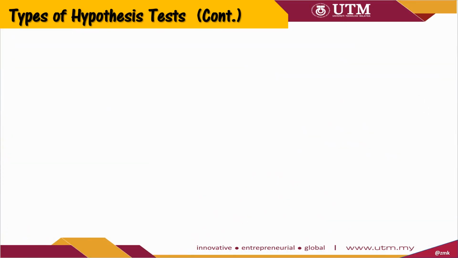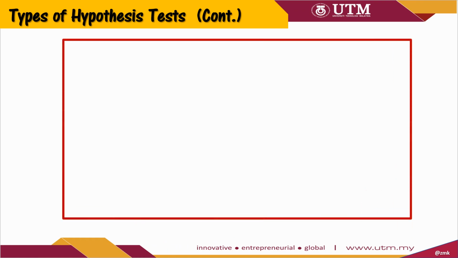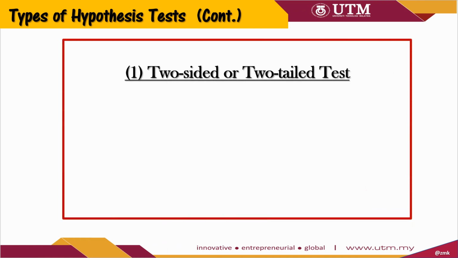Let's look at a two-sided alternative hypothesis test closely. Suppose a parameter denoted as theta is claimed to have a value theta naught. We want to test if there is any difference or any change in the theta value. Here we write H naught followed by a colon and followed by theta equal to theta naught.